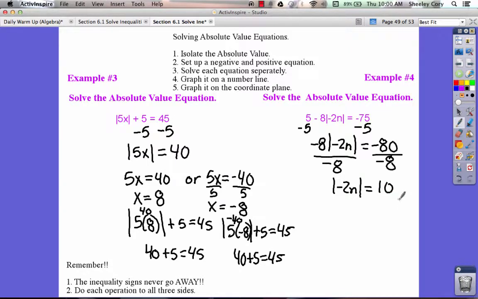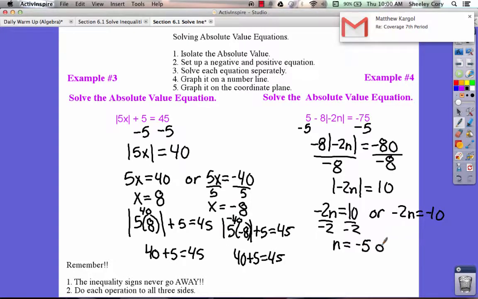Negative 10 and 10. So negative 2n equals 10, or it has to equal negative 10. We're going to divide by negative 2. So n equals negative 5. Or divide by negative 2 here, n equals 5.